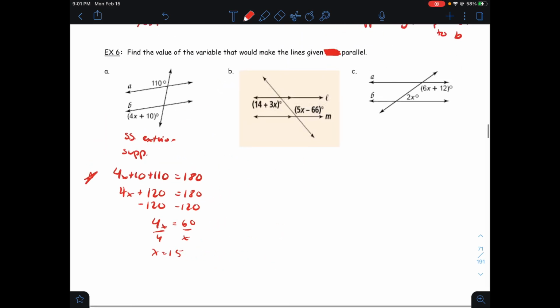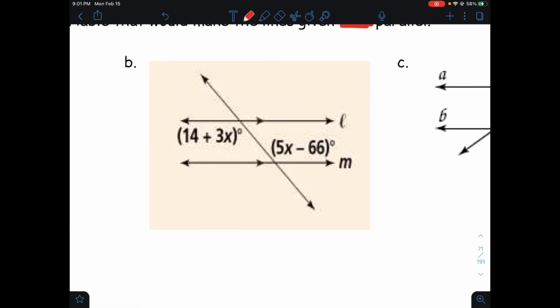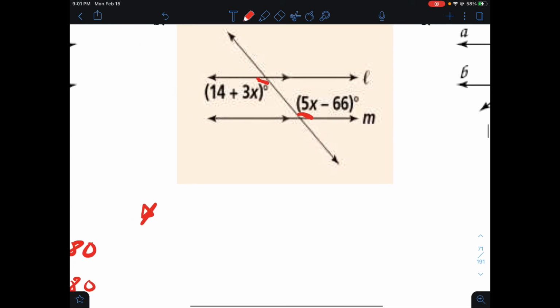All right, let's take a look at this. If we want these to be parallel, we have to figure out, are they supplementary or congruent? These two angles I just drew in, should they be supplementary or should they be congruent? They should be congruent. Oh, I just misspelled that. C-O-N-G-R-U-E-N-T. They're supposed to be congruent because we have alternate interior.